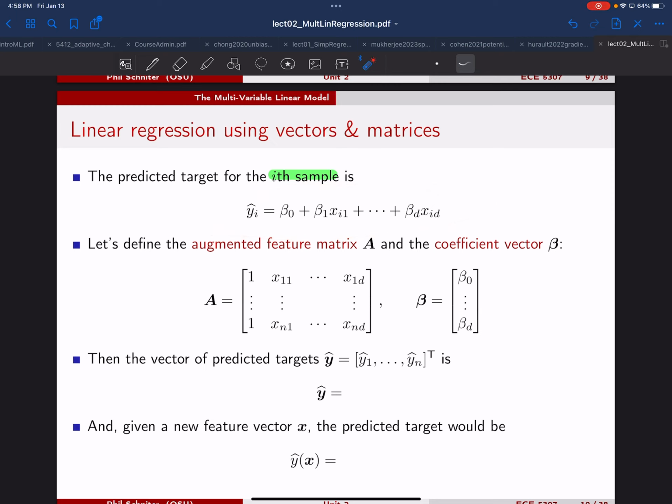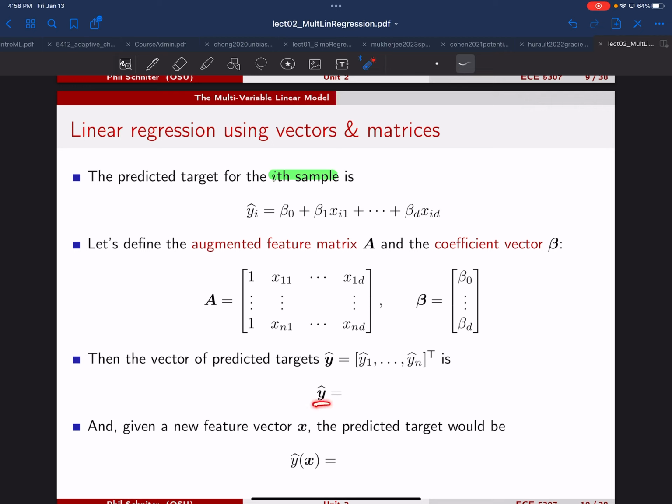So what we want to do right now is come up with a matrix vector model for these predictions because, as we'll see, it's a lot easier to work with matrices and vectors than it is with summations and double sums and so on. So what we want to do is write an equation for y hat.